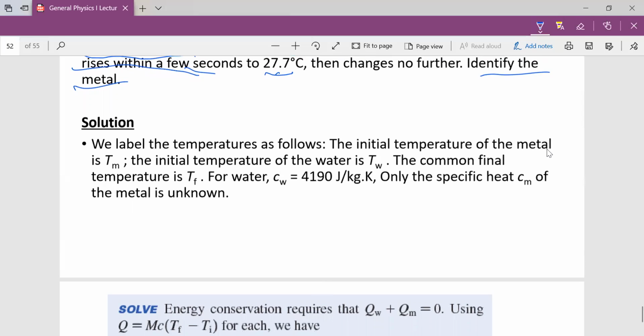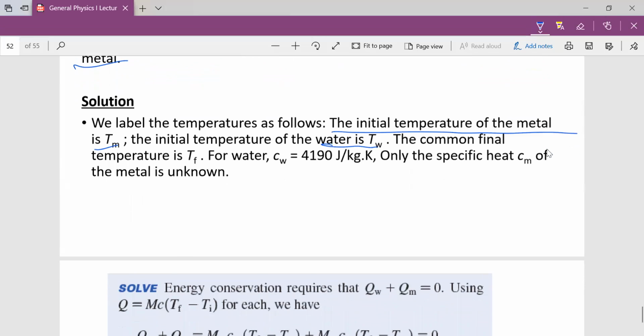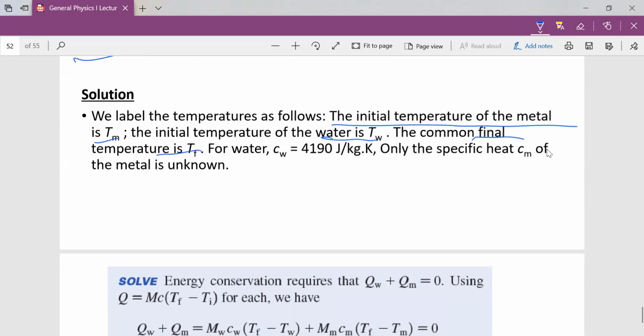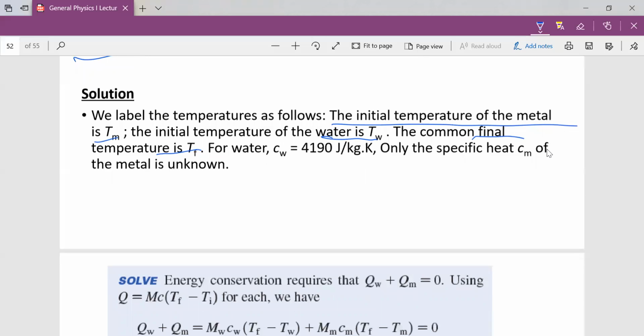So we define the initial temperature of the metal, Tm, that of the water, and the final temperature for both when there is a thermal equilibrium, where the system has no more exchange in heat. We'll have the standard specific heat for water, and the specific heat of that metal is what we don't know.